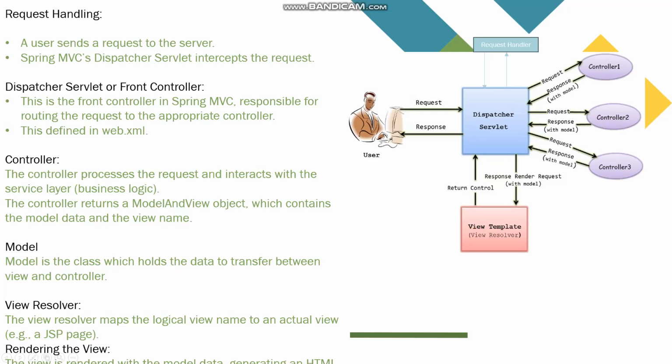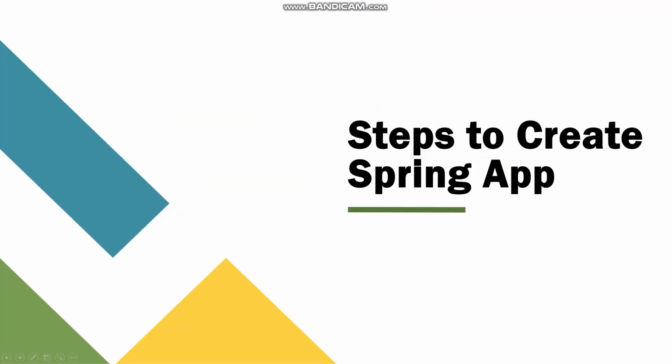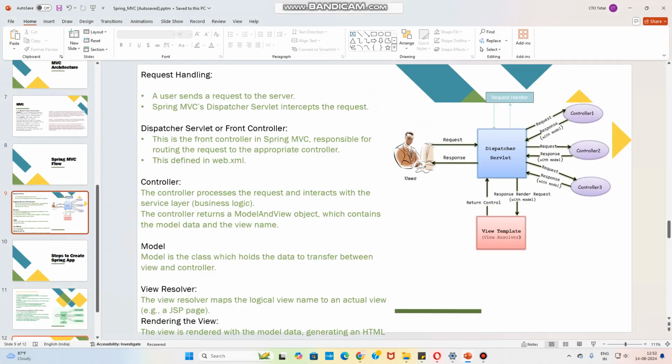So these are the different components: request handling, dispatcher servlet, which is also known as the front controller, then model, then view resolver, then rendering the view. Okay, so here a user sends a request to the server, and the Spring MVC dispatcher servlet intercepts the request. Intercept means it will accept the request.